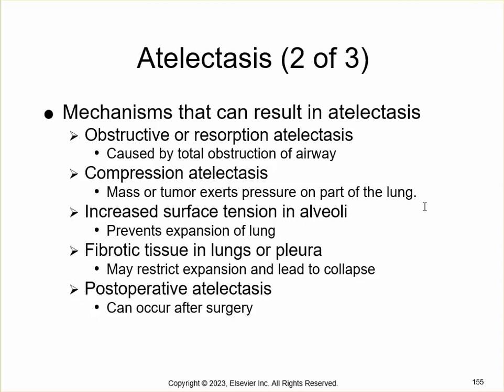If there's a total obstruction of the airway going to an area, then the gases in the alveoli diffuse into the interstitial fluid, and literally the gases are not replaced, and so gas levels go down until there's not enough to keep the alveoli inflated.